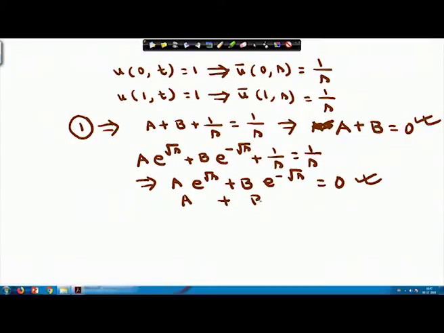So, effectively I have these two equations and I want to find the solution. Now, if I take the coefficient determinant of these two equations, this is 1 1 and e power root s, e power minus root s.